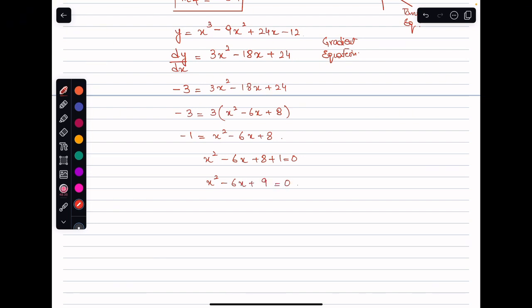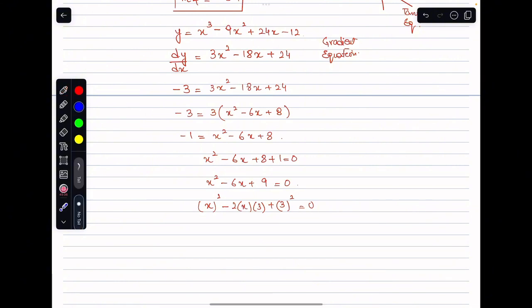So here I can simply factorize the equation by just looking at the two end values. One is x squared and the other is 9, and I can see that both of them are perfect squares. That means I can write them as x the whole square and 3 the whole square, and in the middle I can say this is 2 times x times 3, which actually gives me negative 6x.